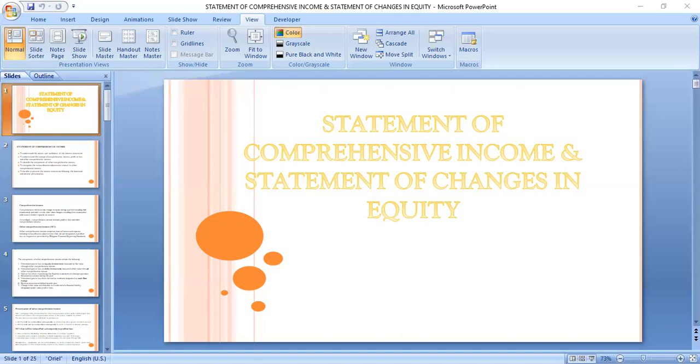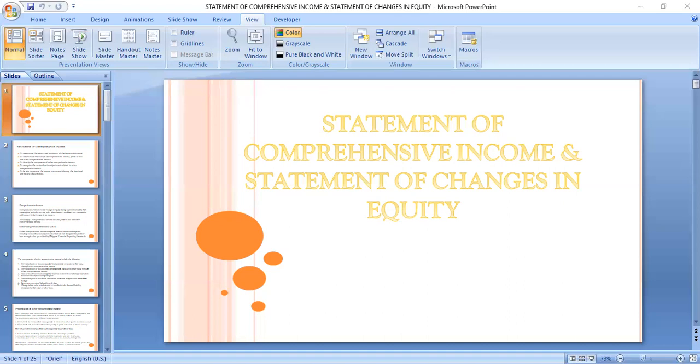So, PAS 1 mandates that an entity shall not present any items of income or expenses as extraordinary in the income statement or statement of comprehensive income or in the notes. Unusual and infrequent items of income and expenses are considered components of income from continuing operations.